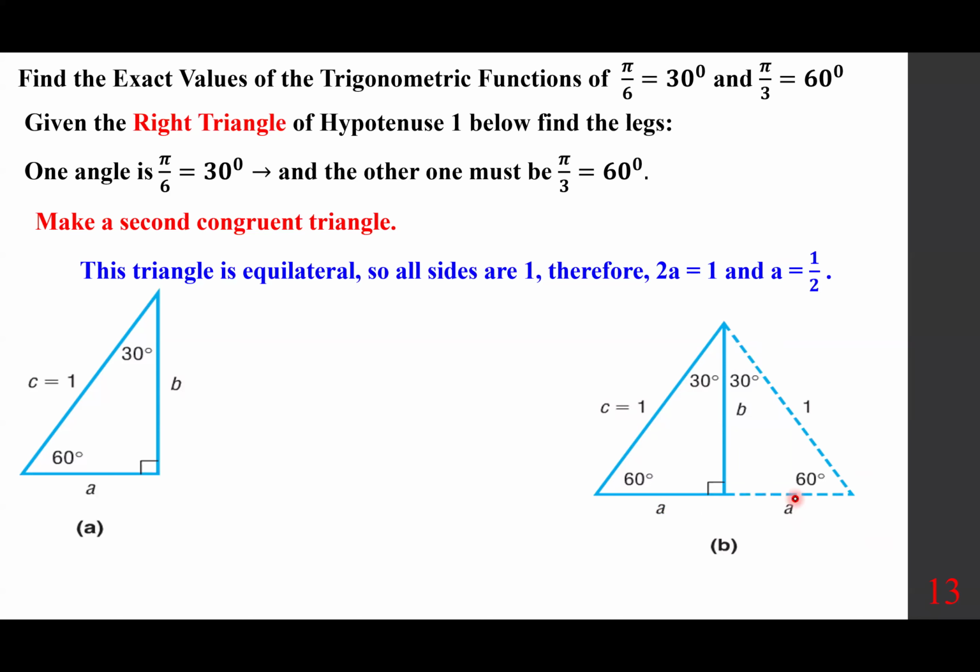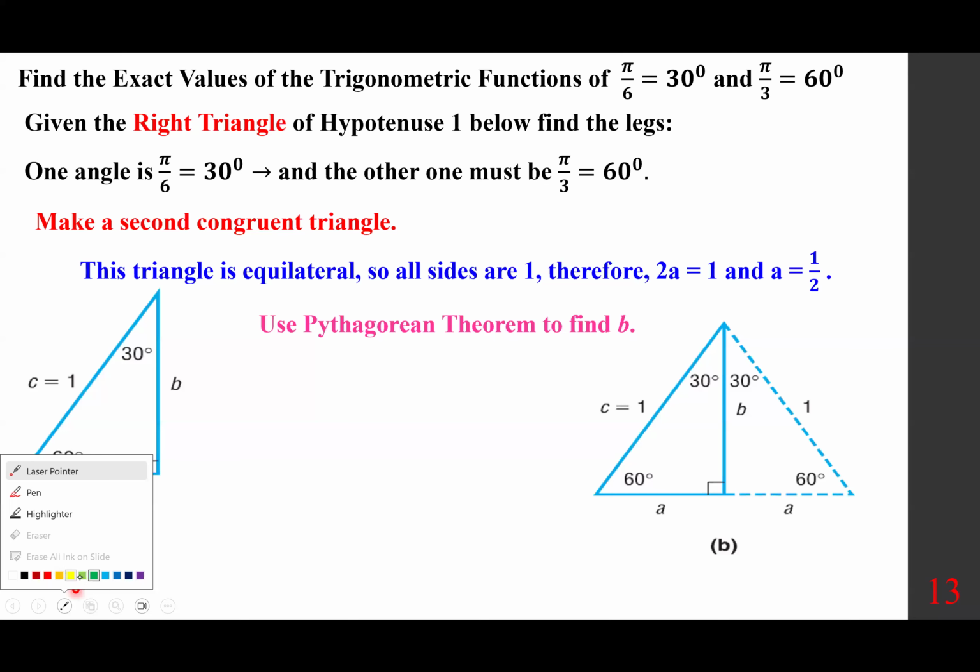Now we're going to use the Pythagorean theorem to find the missing height, or b in this case. We know a squared plus b squared equals c squared. So a squared is 1/4, b squared we have no idea, and c squared is also 1.